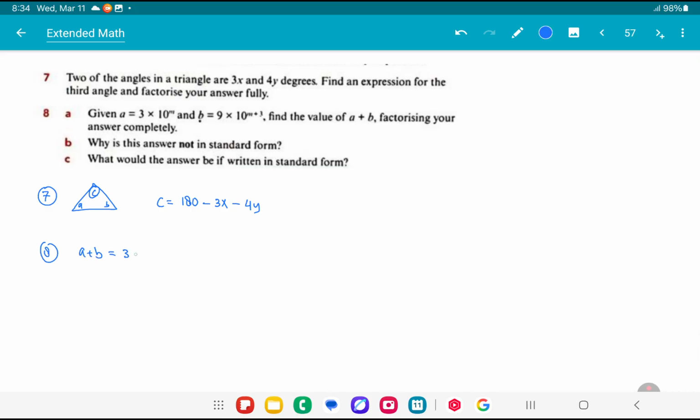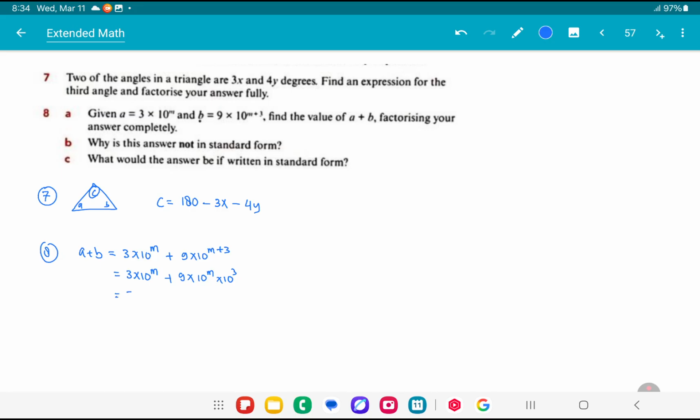will equal 3 times 10 raised to the power of m plus 9 times 10 raised to the power of m plus 3. We simplify by 3 times 10 raised to the power of m plus 9 times 10 raised to the power of m multiplied by 10 raised to the power of 3.